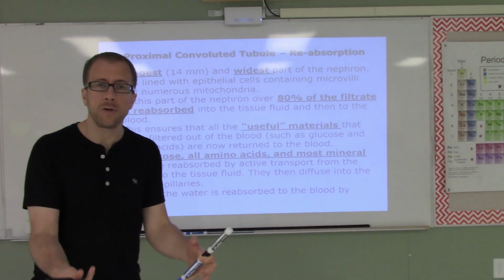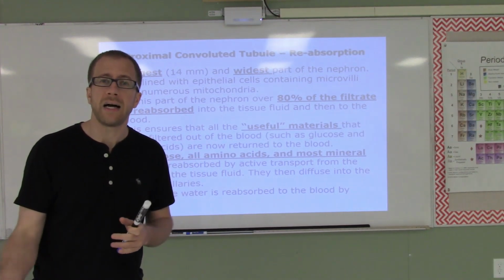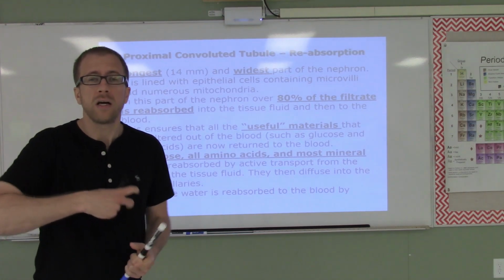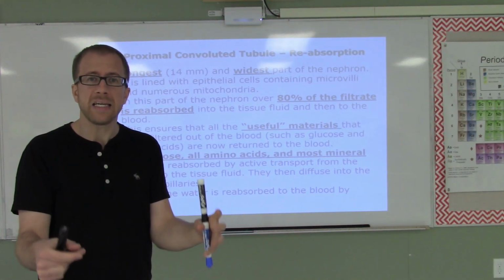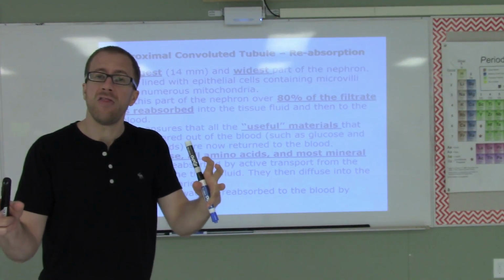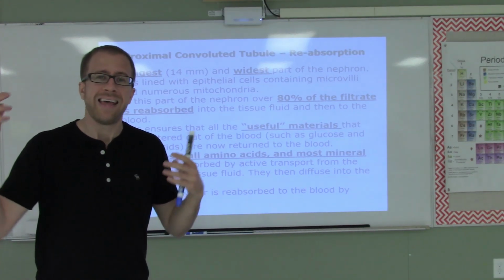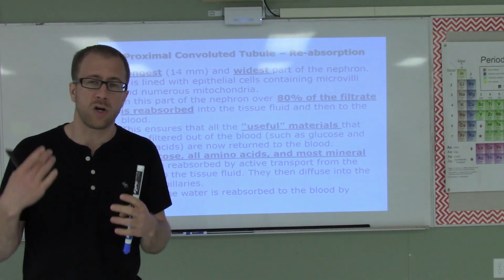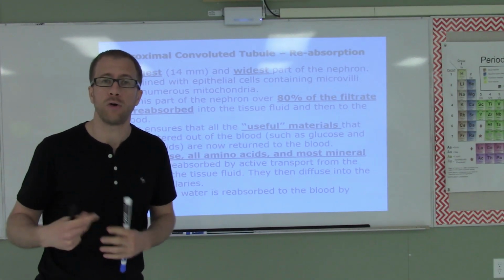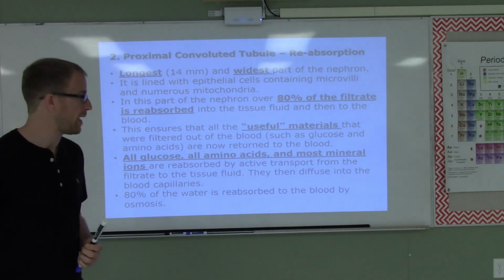Most of the water that's reabsorbed in the proximal convoluted tubule does happen by passive transport, because we are decreasing the concentration of solutes in that filtrate, and thus our tissue is going to be a higher concentration and water will passively transport out of your filtrate. So most of the water here is reabsorbed by osmosis, which is passive transport.